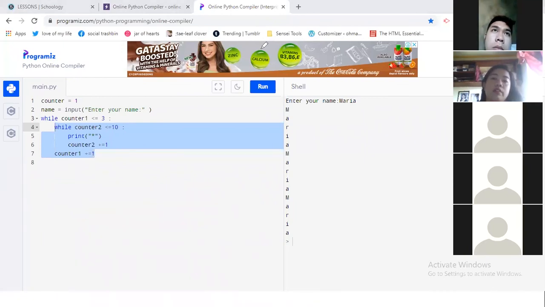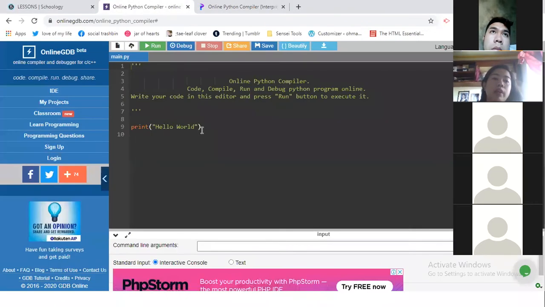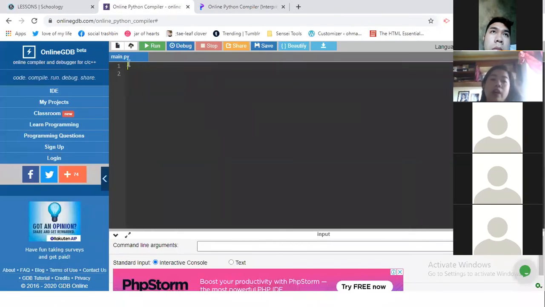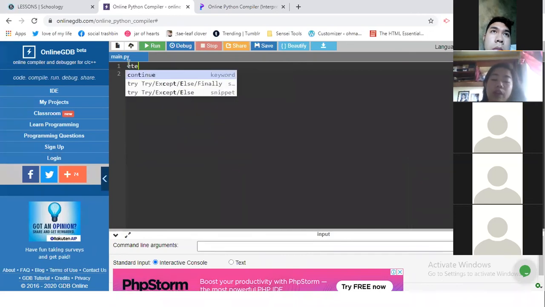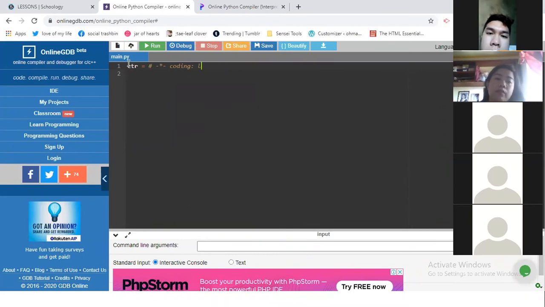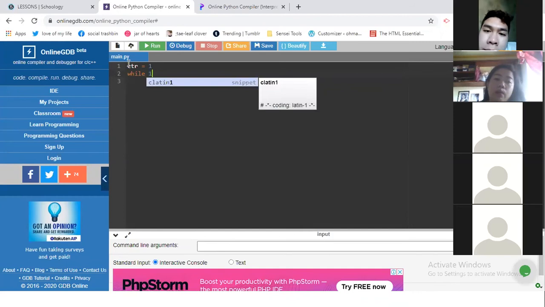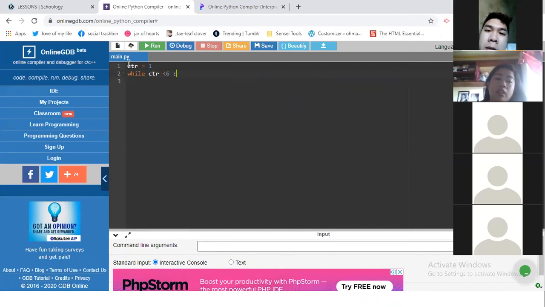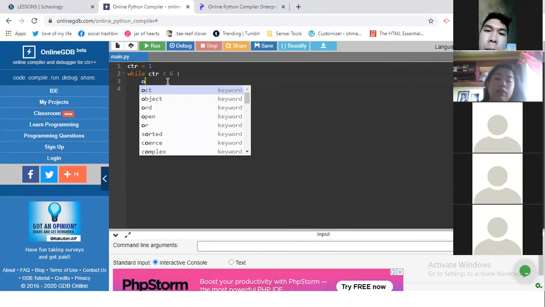Ano ba yun? So we have counter gets 1, while counter is less than 6. And then print natin yung counter.